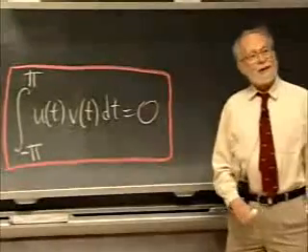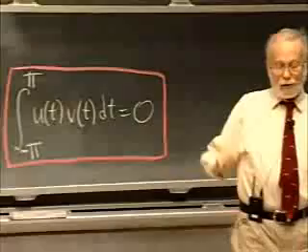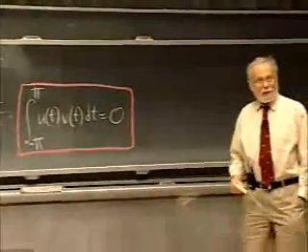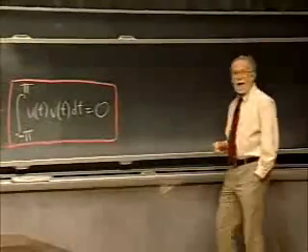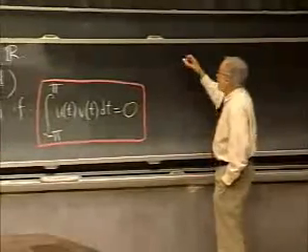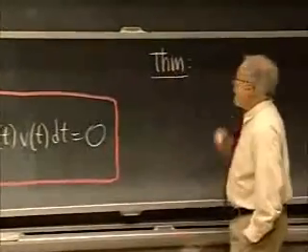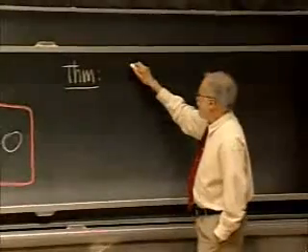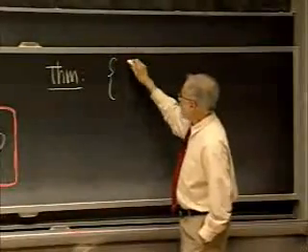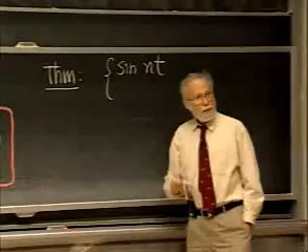Anyway, that's the condition. And now what I say is that Fourier, that blue Fourier series, what finding the coefficients an and bn depends upon is this theorem: if I look at this collection of functions, sine nt for any value of the integer n.